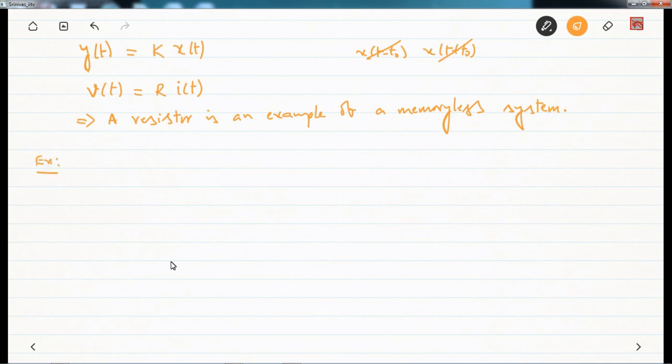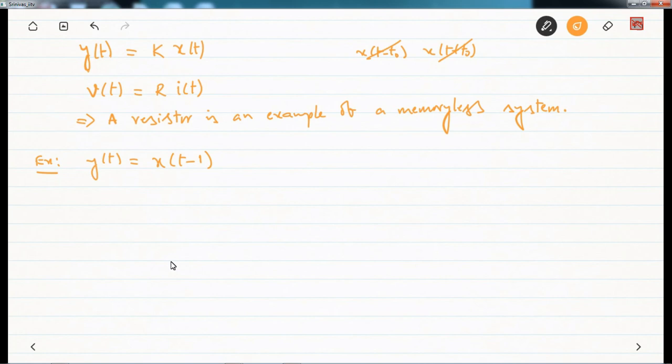And say consider this system. y of t, the output, is x of t minus 1. That means y of t depends on the past input signal, right? So the output at this time t depends on the input given 1 second before. It depends on the input given at t minus 1.